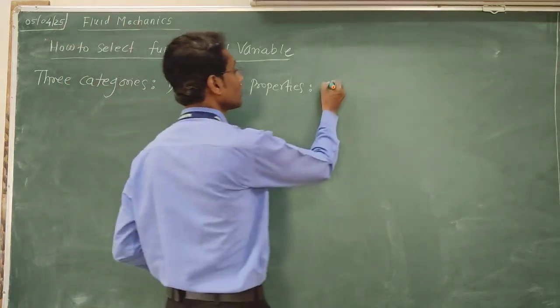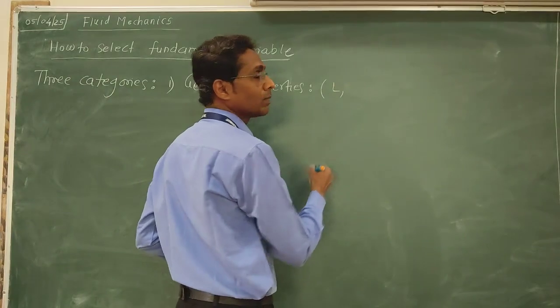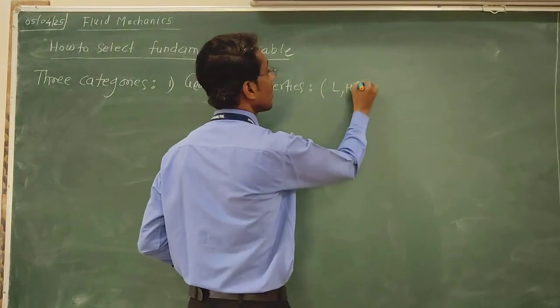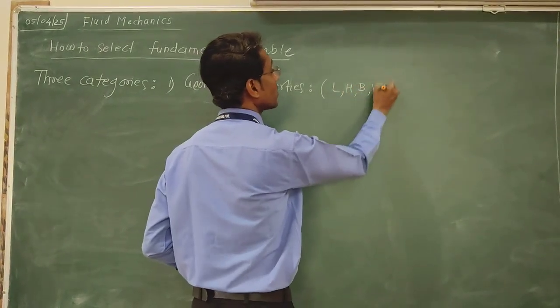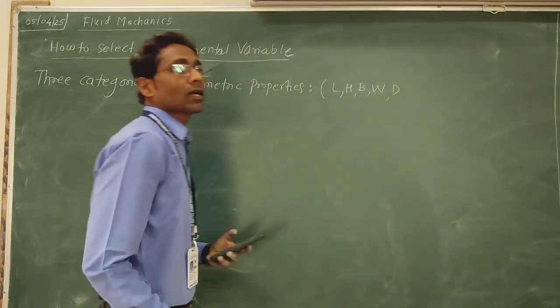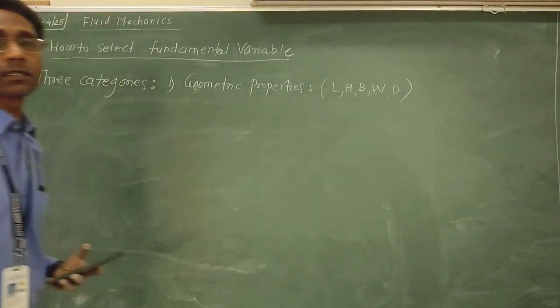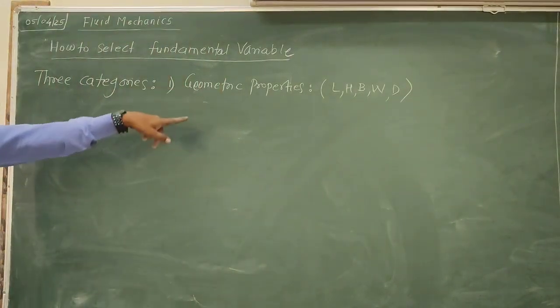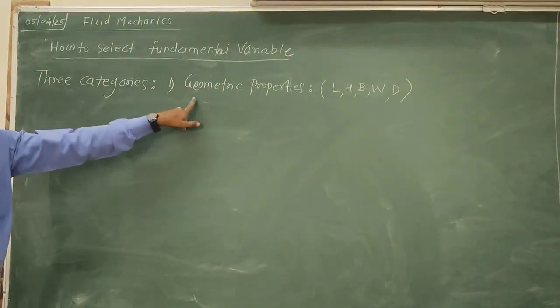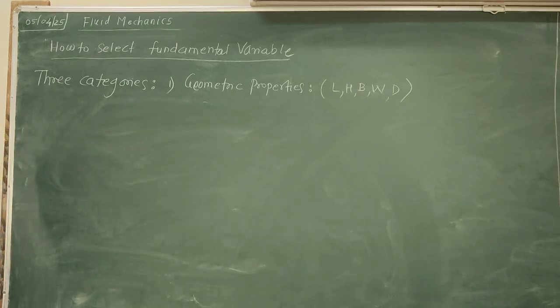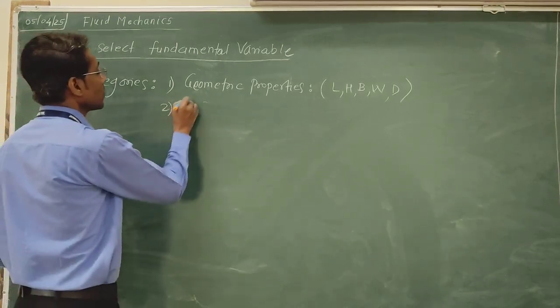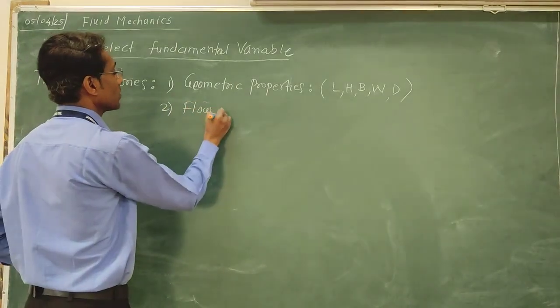Here what will come? Length may come, height, breadth, width, diameter. All these variables come under this category. First category, geometric properties. Second, flow property.